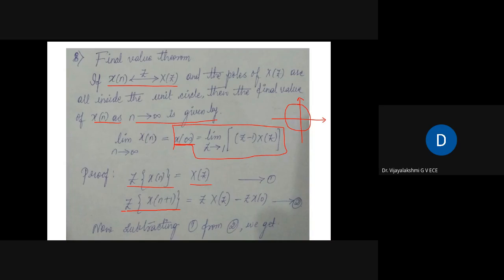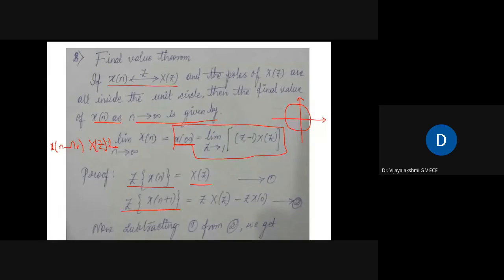Now just remember, what is this x of n plus 1? It is a shifted version of x of n. So what should be the z transform of the shifted signal? We have already studied that. When the signal in the time domain gets shifted by n minus n naught, its z transform x of z gets multiplied by z power minus n naught.